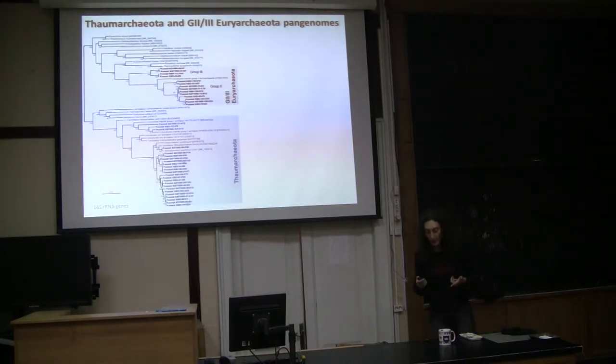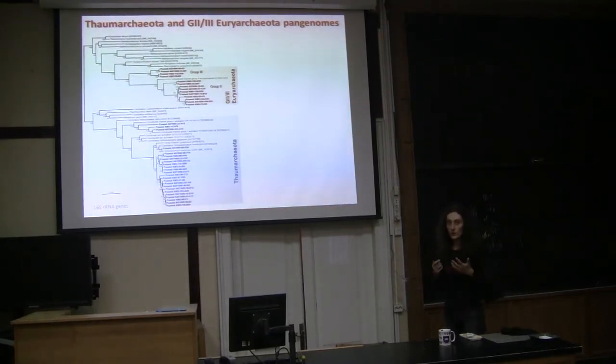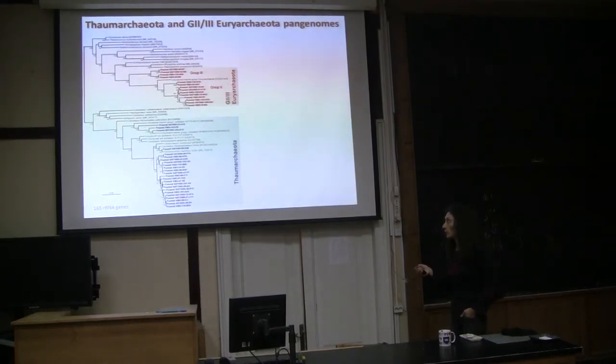But what I'm going to talk about today is more on the phylogenetic aspects. One of the things that we did was to try to reconstruct pangenomes for the two major lineages, groups 2 and 3 Euryarchaeota and the whole Thaumarchaeota.